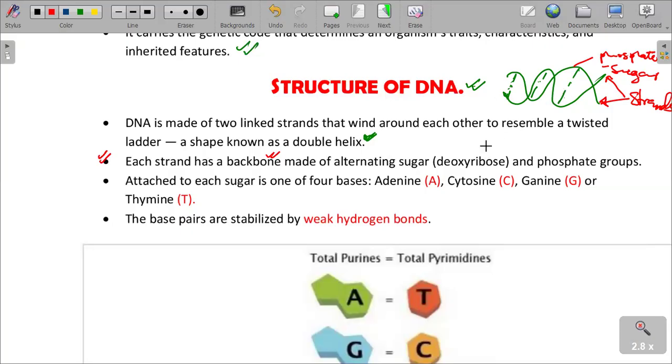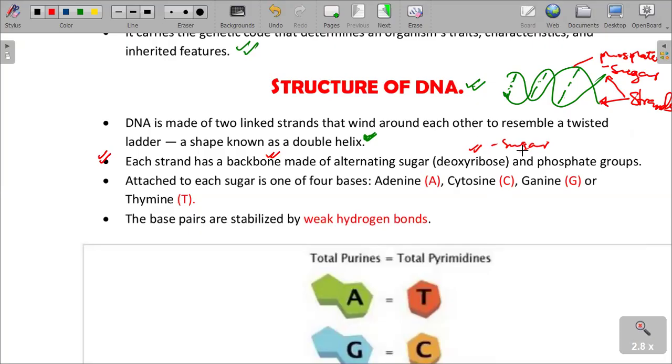I'm going to present this on the board as I go through the presentation. I have clearer diagrams attached below. Just keep following. I've already talked about deoxyribose, the sugar that is found in DNA.